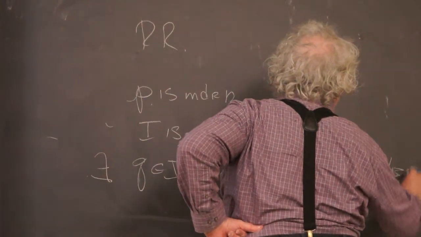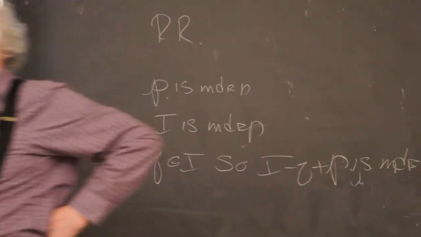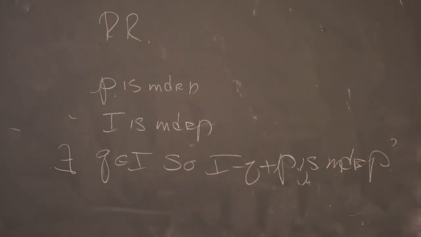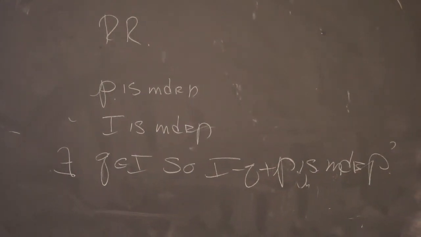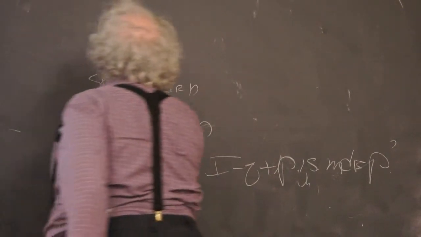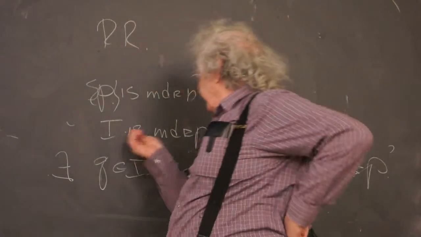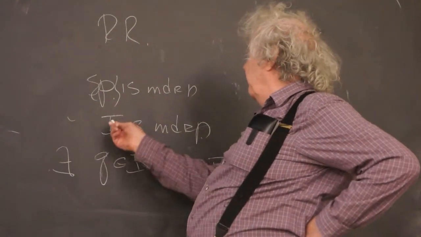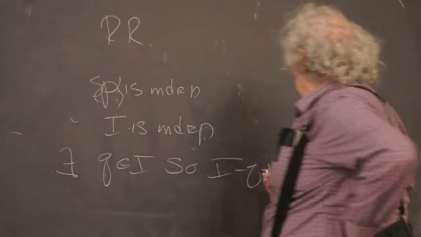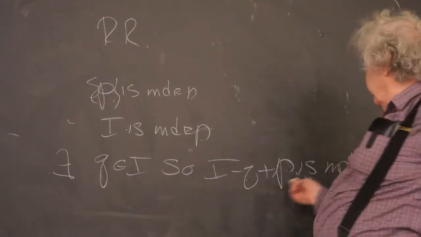This is another non-controversial axiom. It's much weaker than my matroid axiom. If P is independent and I is independent, then you can throw away a Q and put in a P and keep it independent. They all satisfy this and that doesn't.